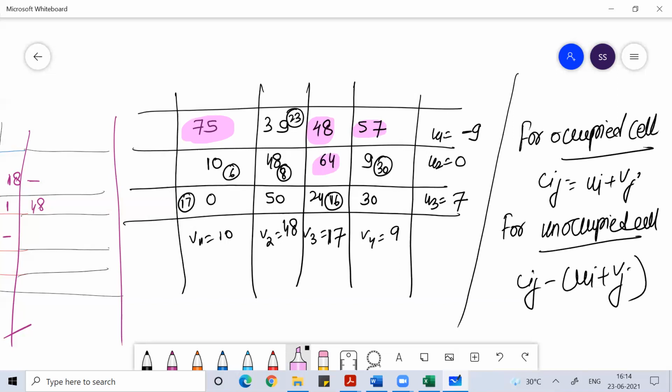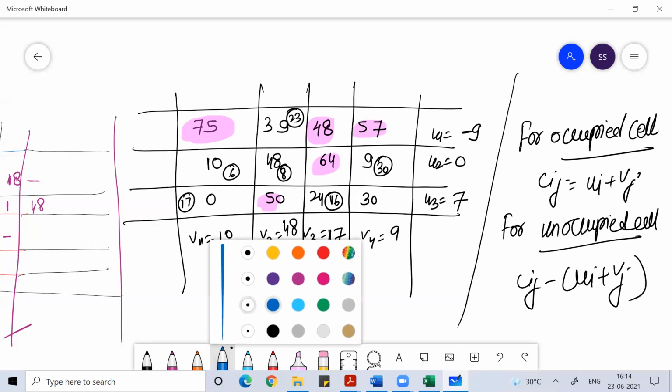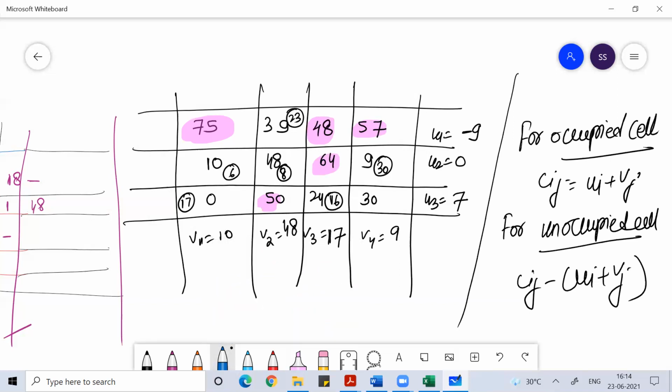Then this you will get positive only. Then this 50 plus 7: here you are getting a negative value. 48 plus 7 will be 55, so this would be minus 5, a negative value.